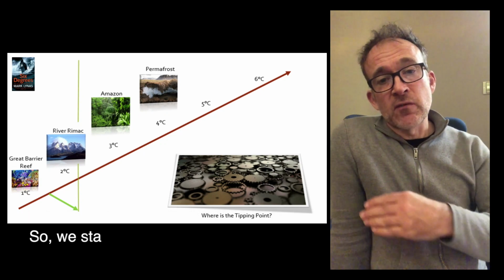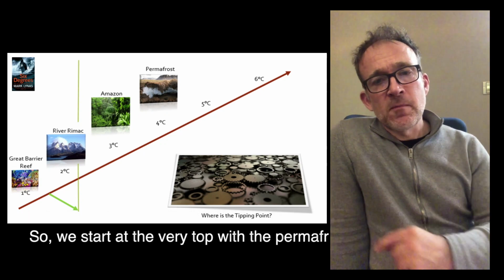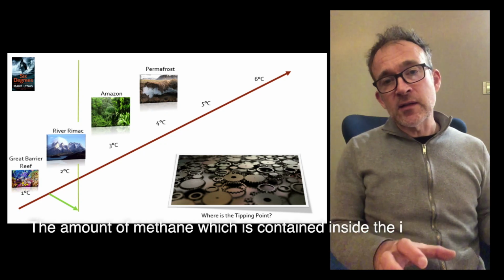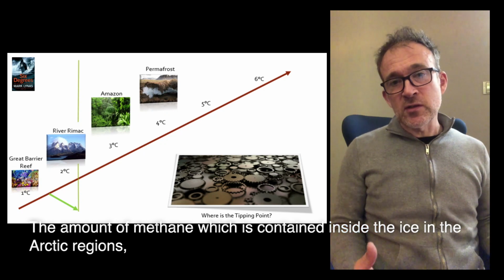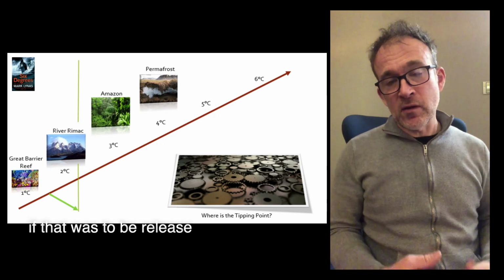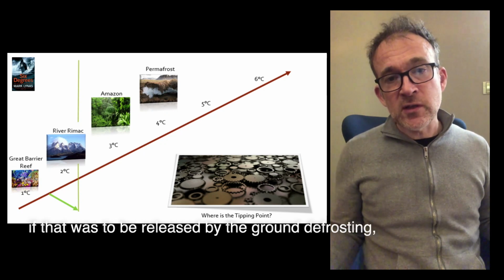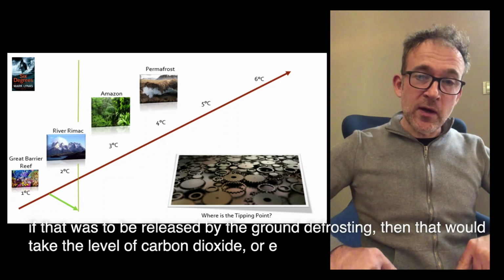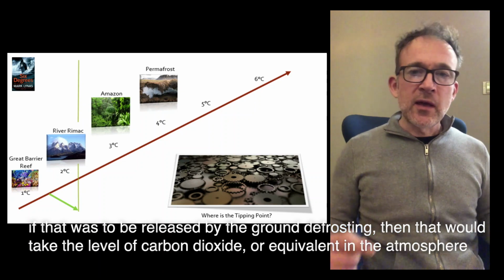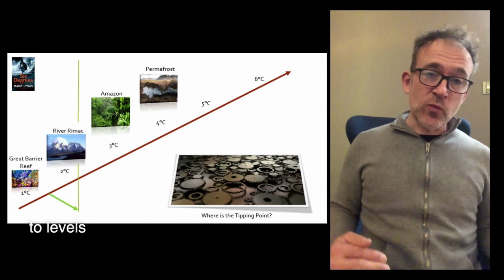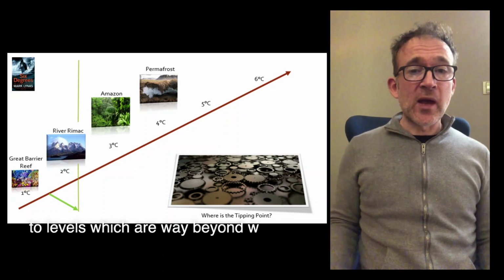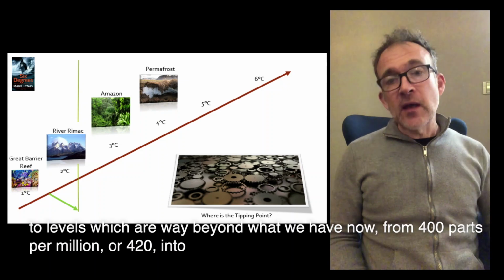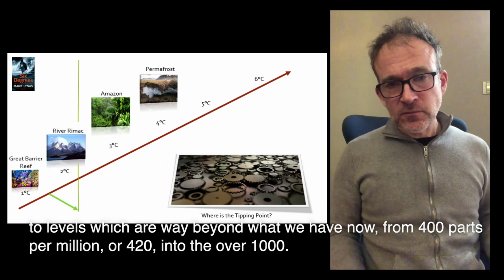So if we start at the very top with the permafrost, the amount of methane which is contained inside the ice in the Arctic regions, if that was to be released by the ground defrosting, then that would take the level of carbon dioxide or equivalent in the atmosphere to levels which are way beyond what we have now, from 400 parts per million, or 420, into the over 1,000.